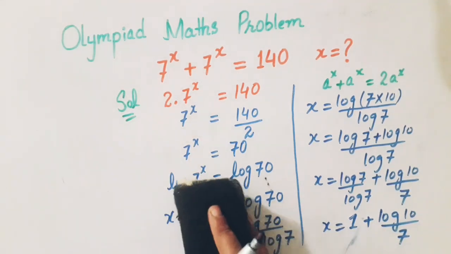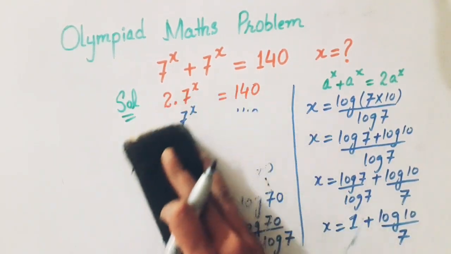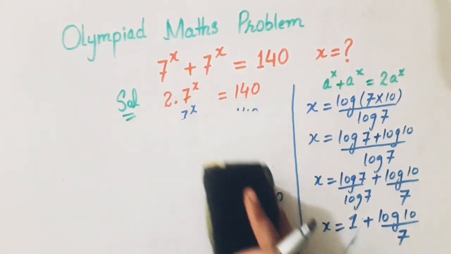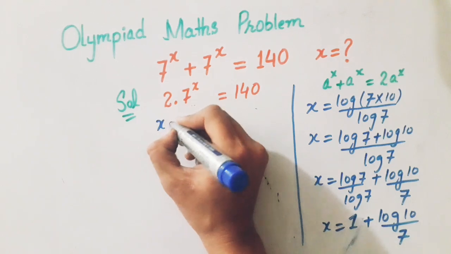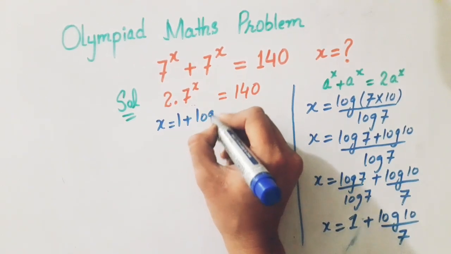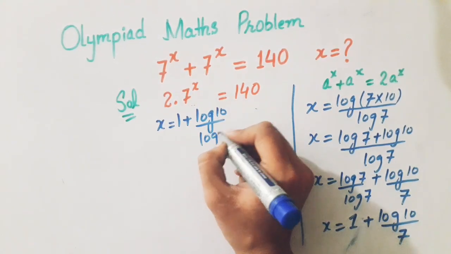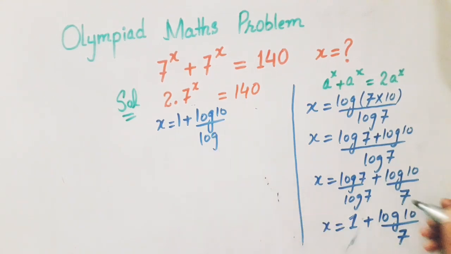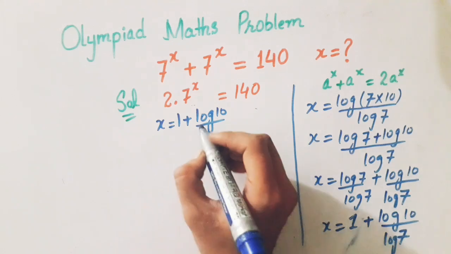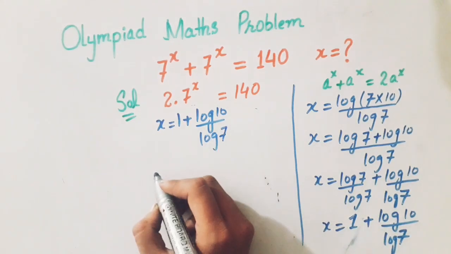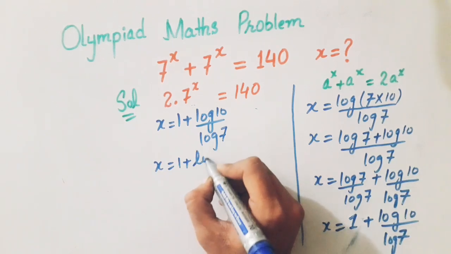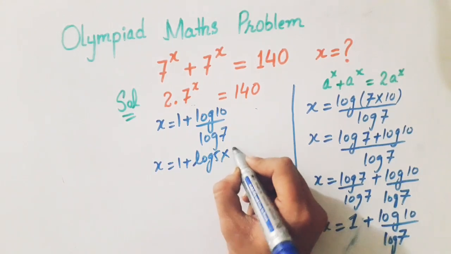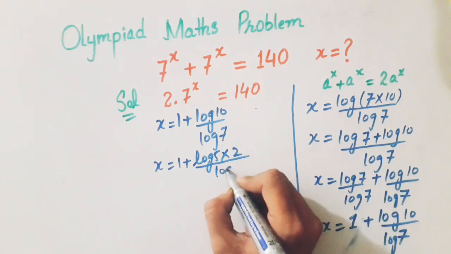Now in the next step, we write this as x equals 1 plus log of 10 divided by log of 7. So now again split this. 10 can be written as 5 multiply 2, its prime factors. So log of 5 multiply 2 divided by log of 7.